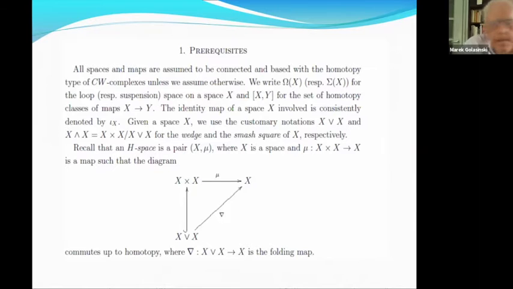And then in topology, there is a notion which is a generalization of the notion of a group. Namely, the notion is called an H-space. H comes from Hopf.